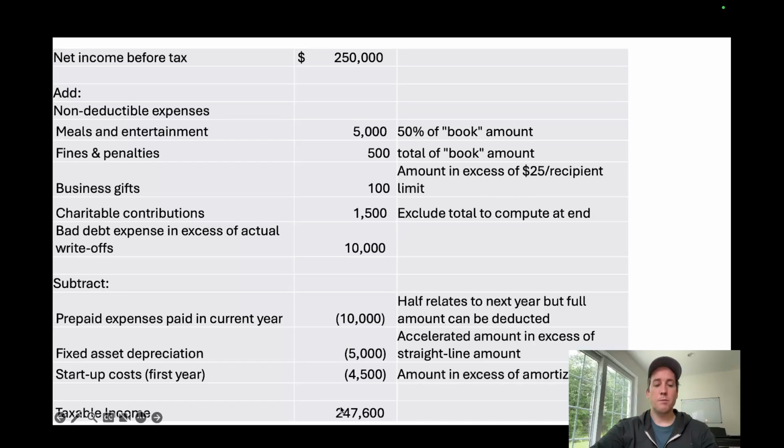And then you're ending up with taxable income here of, and this is just an example, these numbers I've made up, $247,600. Now what you would do from here is you would find out whatever your rate is. So whatever your statutory rate is, let's say you have a personal federal rate of 25%.